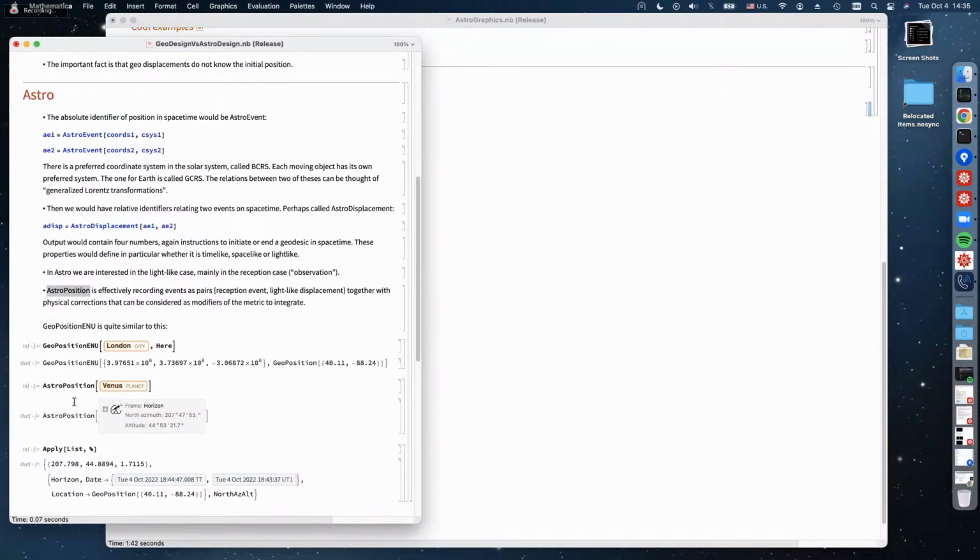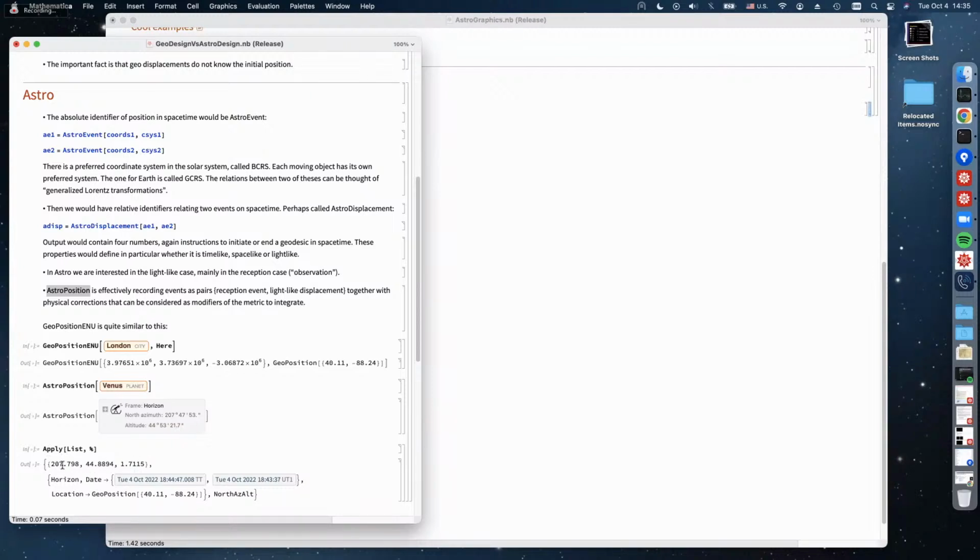Right. So when I say astroposition of Venus, I'm interested in two things. One is that I'm looking at Venus from a place on Earth right now. That's an event of observation. So I'm storing the event of observation, this date and this location. And I'm storing also the orientation of the frame with which I will define these three numbers.